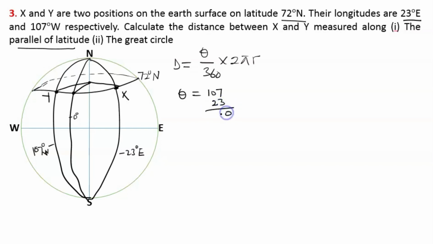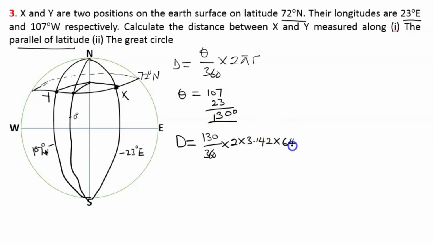So we are having it as 130. So what will be the distance along parallel of latitude? It is going to be 130 divided by 360 multiplied by 2 multiplied by pi, which they are not giving, so let's just use 3.142, multiplied by the r cos lat now.